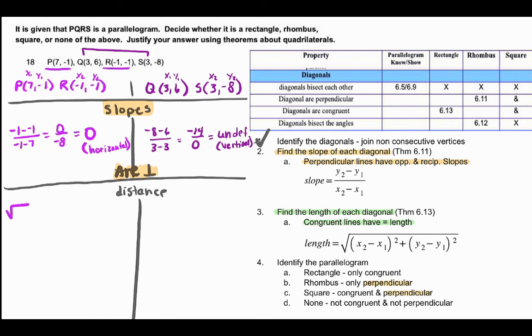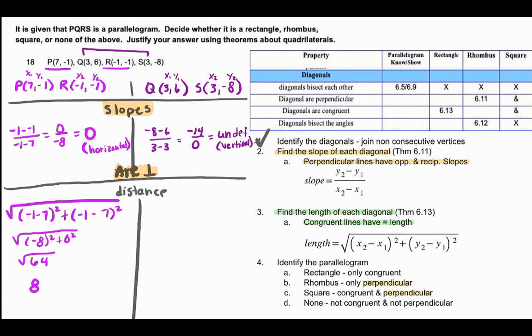For this first one, when we fill in x2 minus x1 squared plus y2 minus y1 squared, this is going to give me negative 8 squared plus 0 squared. So this is 64, and the square root of 64 is 8.